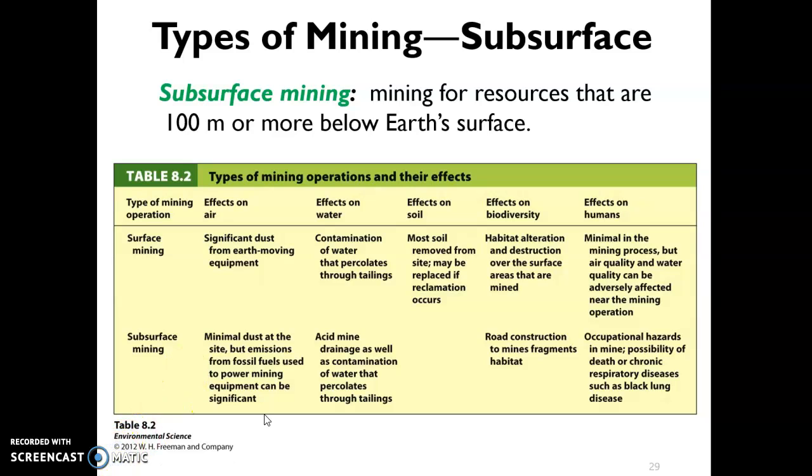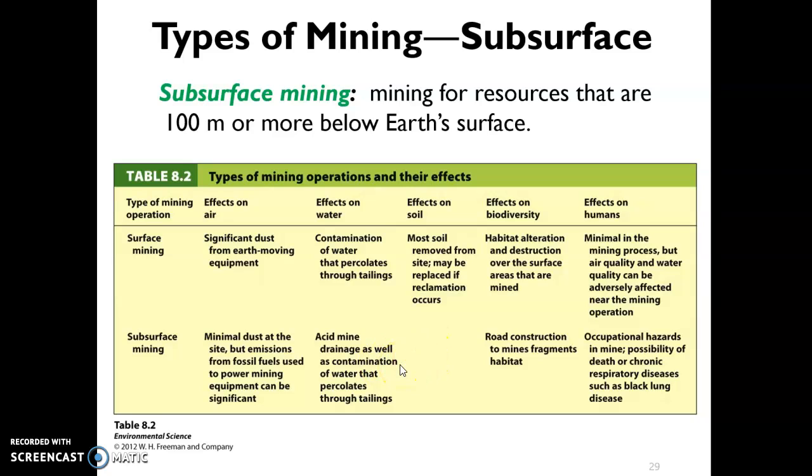Now, if we look at what happens with subsurface mining and water contamination, you have something called acid mine drainage, which is that as it rains and the rainwater percolates through an abandoned mine, the rainwater becomes even more acidic as it works its way through what remains behind in the mine.